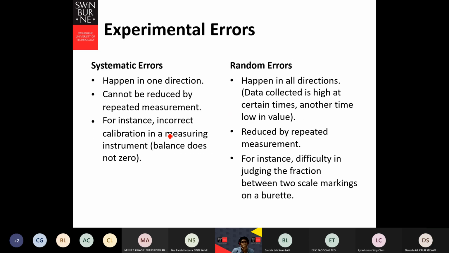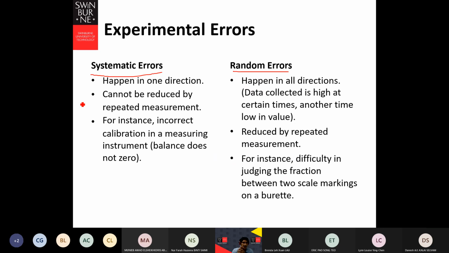So why do the results become not accurate, or what problem or error occurs? There are two types of error: systematic error and random error. Systematic error means it is not in our hand.